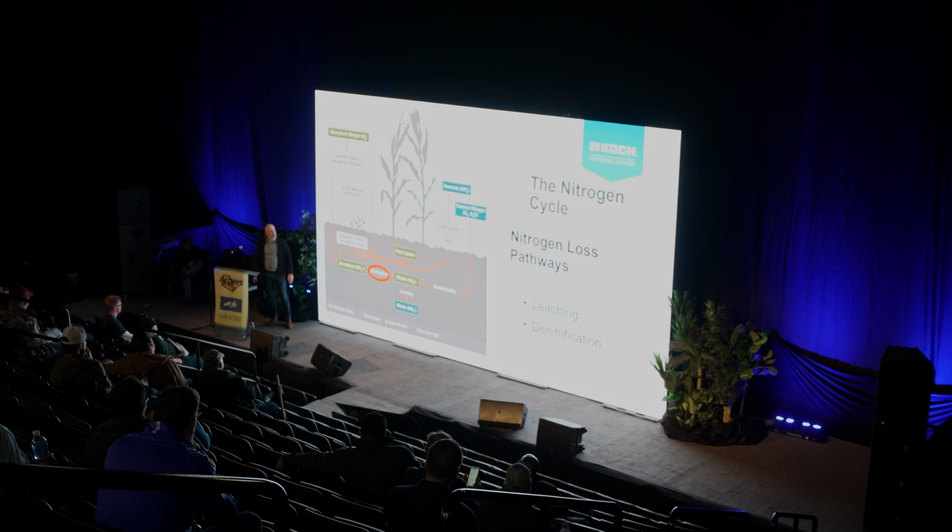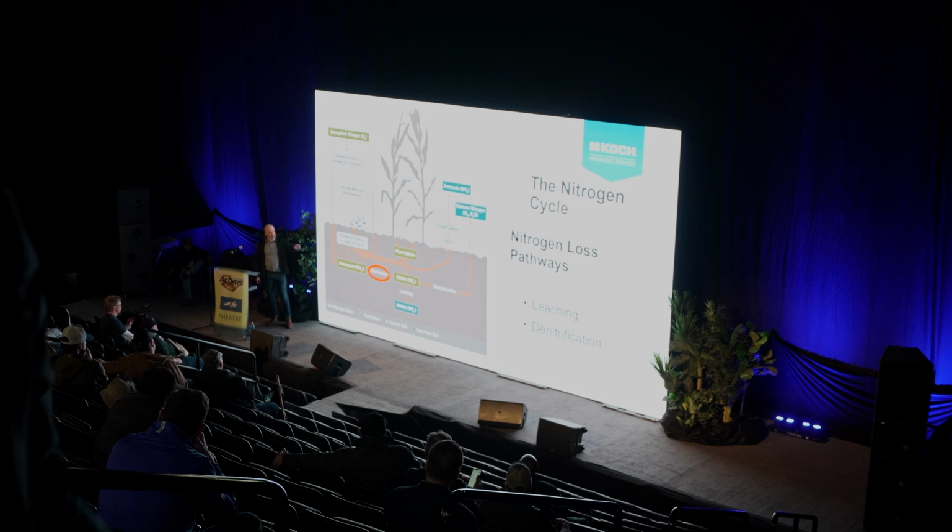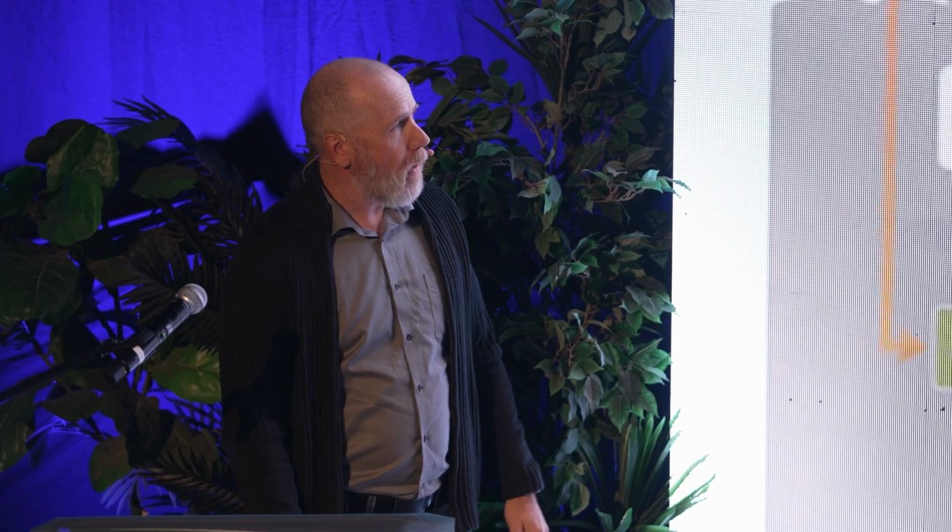Now, there are a couple forms of loss we can see. Nitrous oxide, N2O, has been a big topic of late in terms of greenhouse gas management, and it has a lot of focus on it. But it's not the only form of loss from denitrification. Nitrogen gas is also another big one that we lose, and it's actually a bigger one.